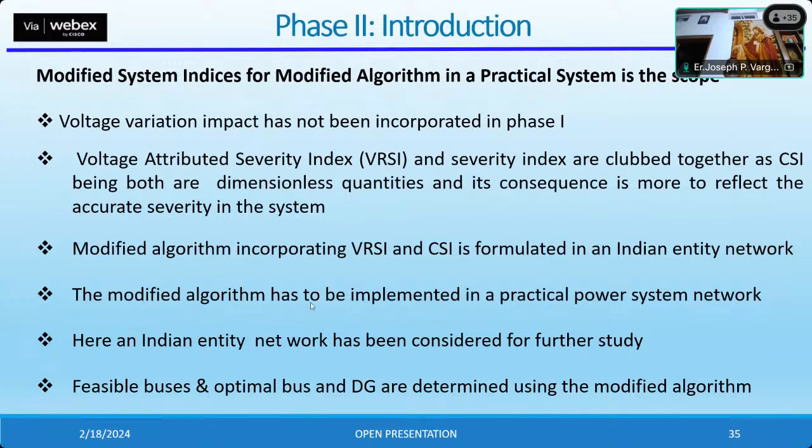Both being dimensionless quantities, their consequence is more to reflect the accurate severity in the system. The modified algorithm incorporating VRSI and CSI is formulated in an Indian utility network, that is our KSEB system, and has also been implemented in a practical network. Feasible buses and the optimal bus and DG are determined using the modified algorithm.